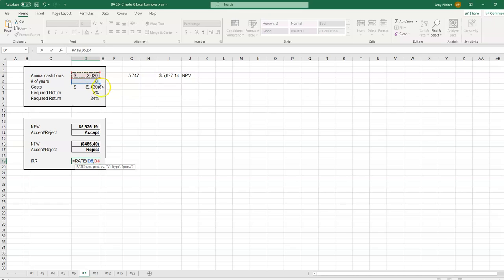Our payment, the present value, the future value is 0, and the type. And we get an internal rate of return of 22.19%.